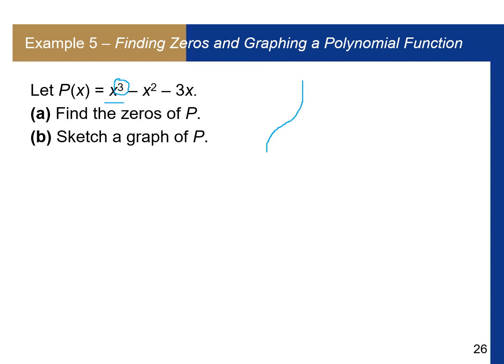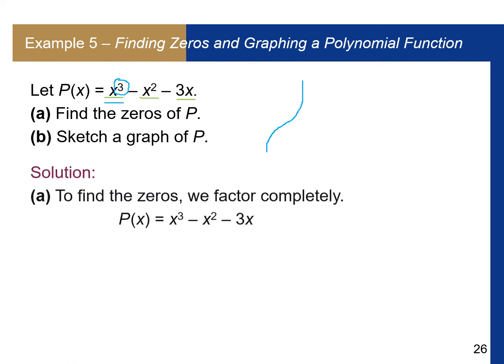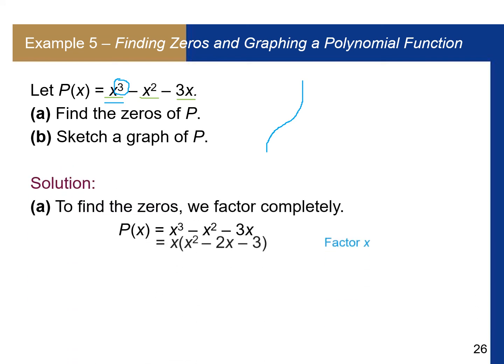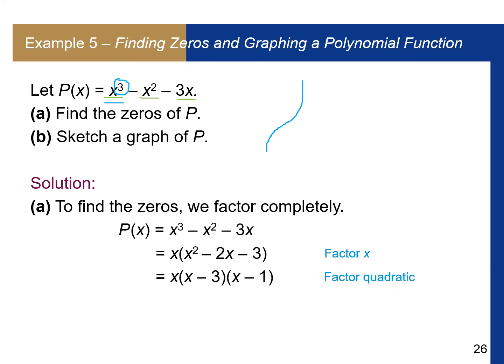And then I want to find the zeros. Now, this is a nice one because I can see that I can factor an x out of each term here. So I'm going to do that first, and that will give me a quadratic. And then I can factor my quadratic if it factors.